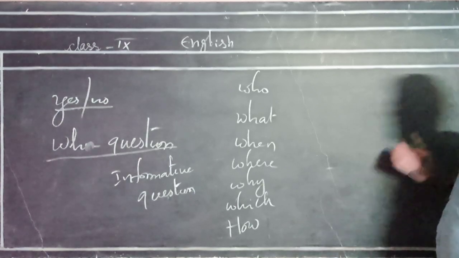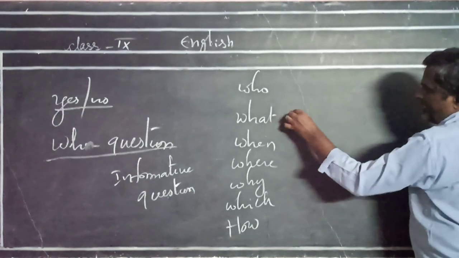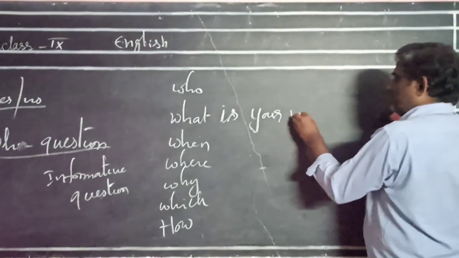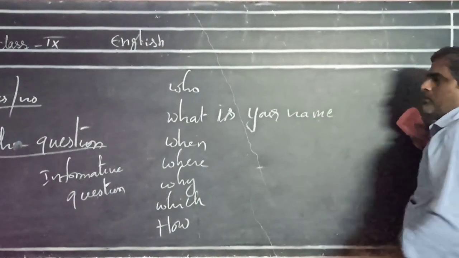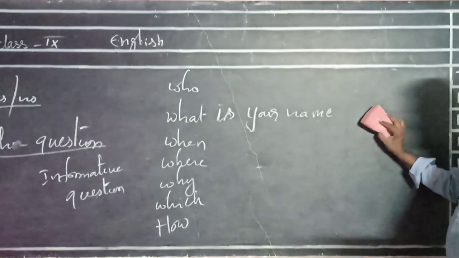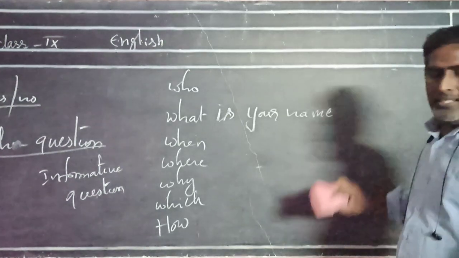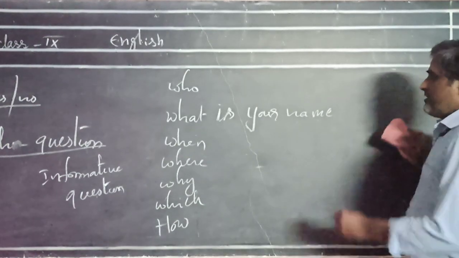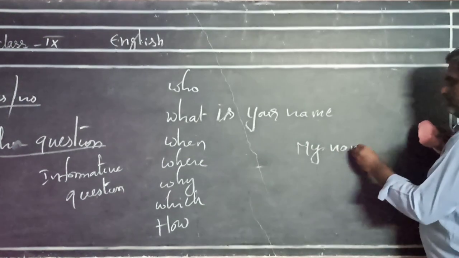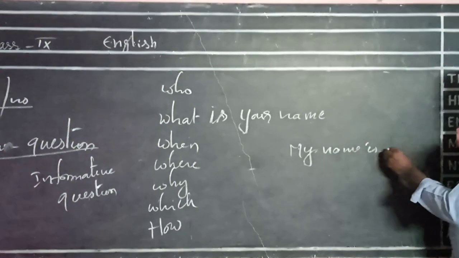For example, if I ask, what is your name? What can be the answer from the other side? Definitely he'll answer, and he'll start like this: my name is so and so.